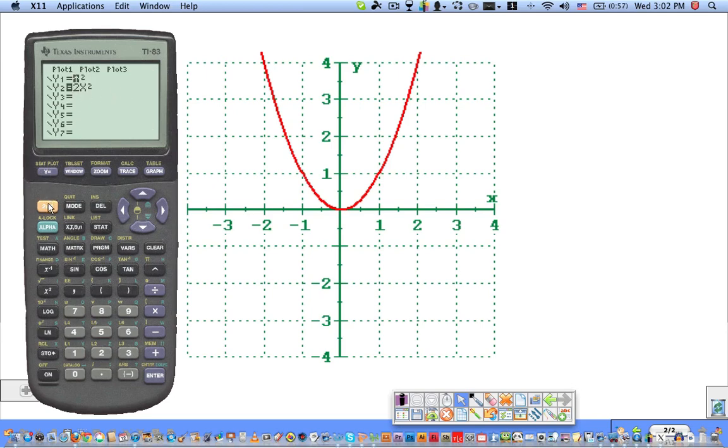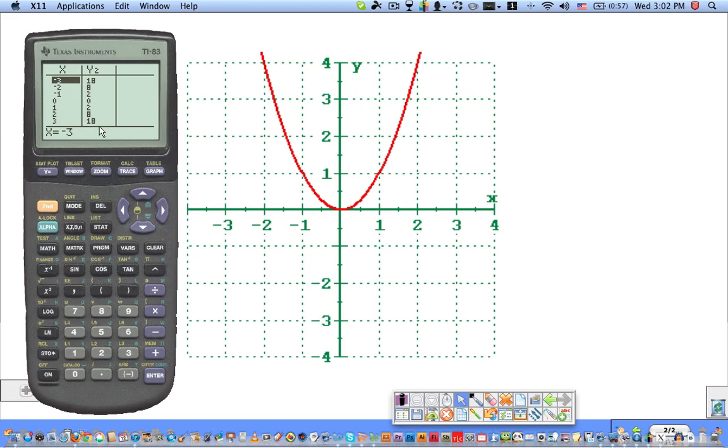Step 2, go to your table. Pick some coordinates. Notice where the vertex is. In this case, it's 0, 0. And then plot some coordinates and draw a curve. Not like an absolute value. Absolute value is a v. This is a curve. So let's plot these points. Negative 2, 8, negative 1, 2, 0, 0. I can't plot negative 2, 8 at the moment.